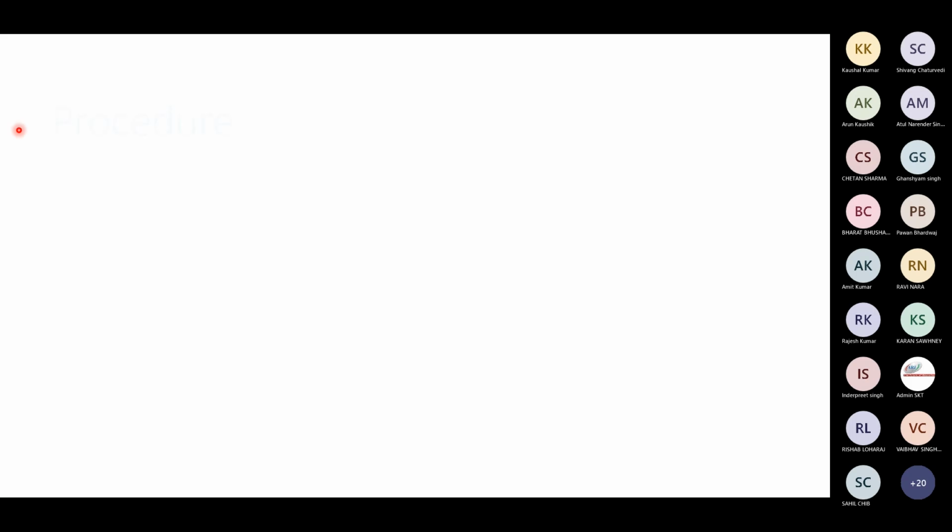Having understood the basic concepts related to a star sight, let's now see the procedure, the method which we use to identify an unknown star.